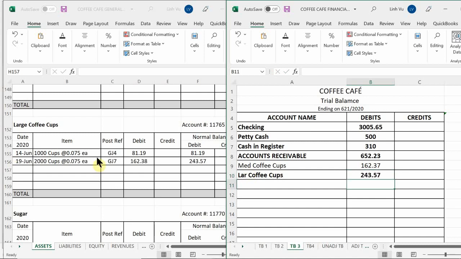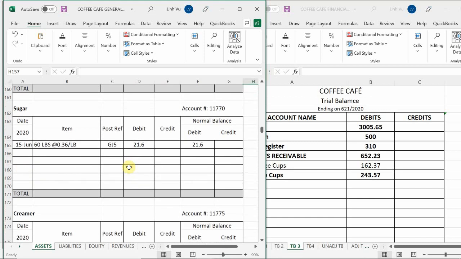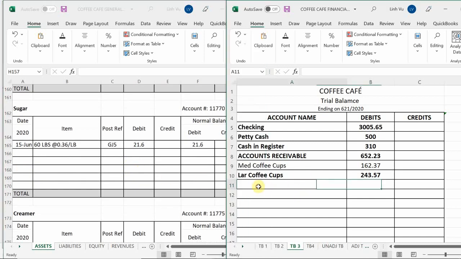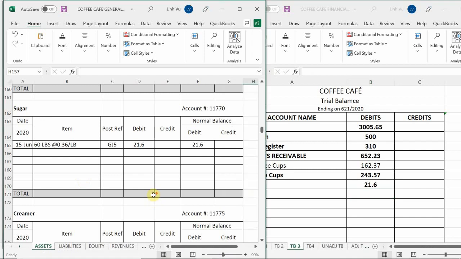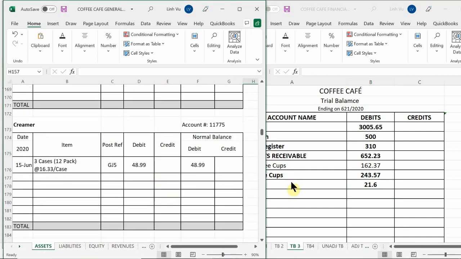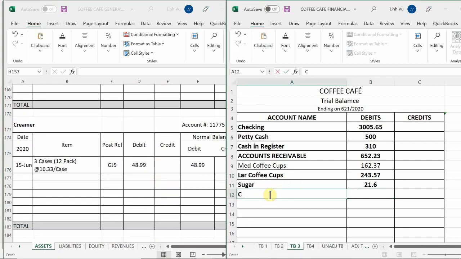Okay. We got some sugar, $21.60. And $48.99.